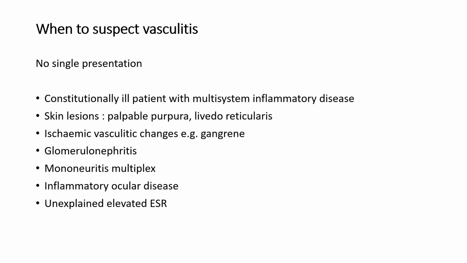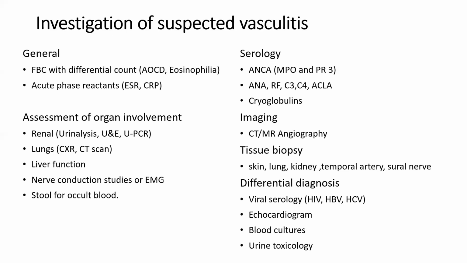And when we've got ischemic vasculitic changes like digital gangrene, glomerulonephritis, mononeuritis multiplex, inflammatory ocular diseases like uveitis, and when we've got an unexplained elevated ESR, it should light up a bulb and make us think about the possibility of vasculitis, and then work it up, assuming there's no other diagnosis to explain these conditions.